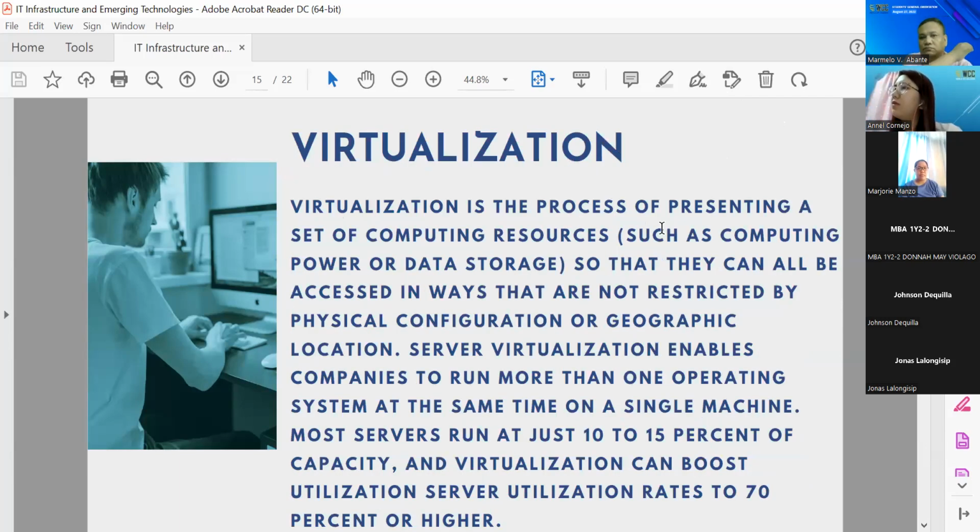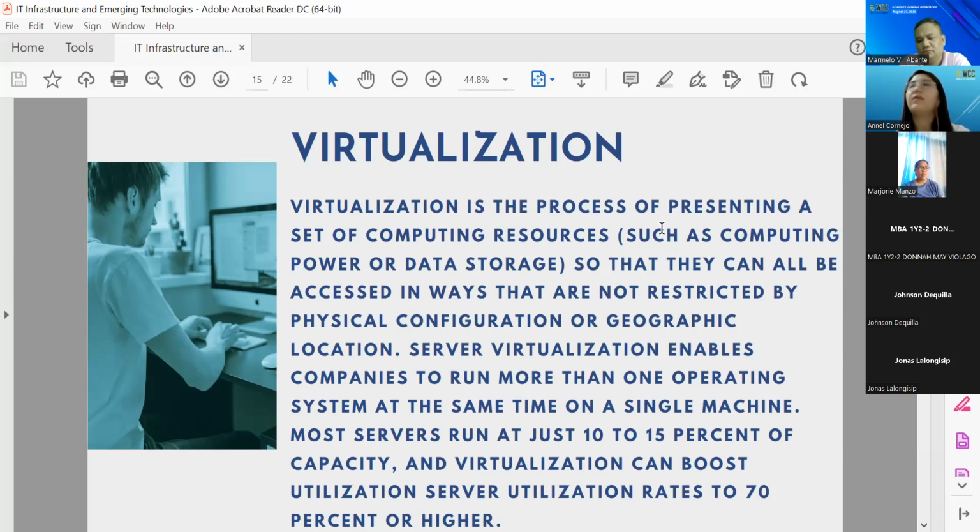Next, we have virtualization. So this is different and almost the same as grid computing. But what specifically is virtualization? Virtualization is the process of presenting a set of computing resources, such as computing power or data storage, so that they can all be accessed in ways that are not restricted by physical configuration or geographic location.